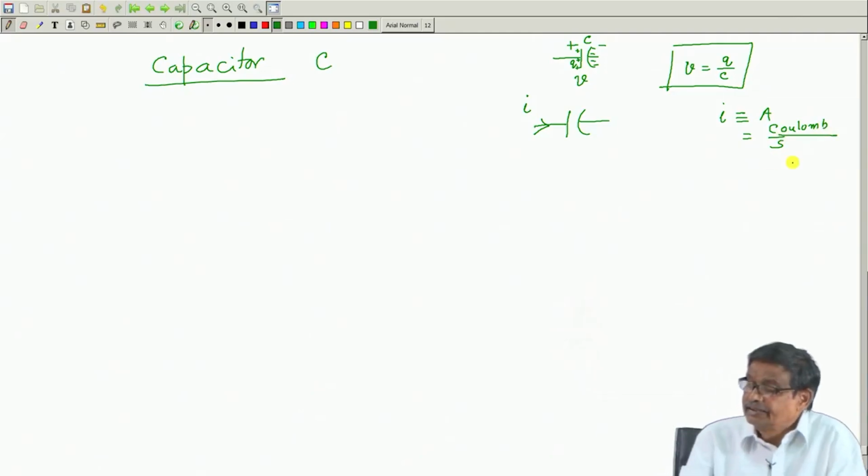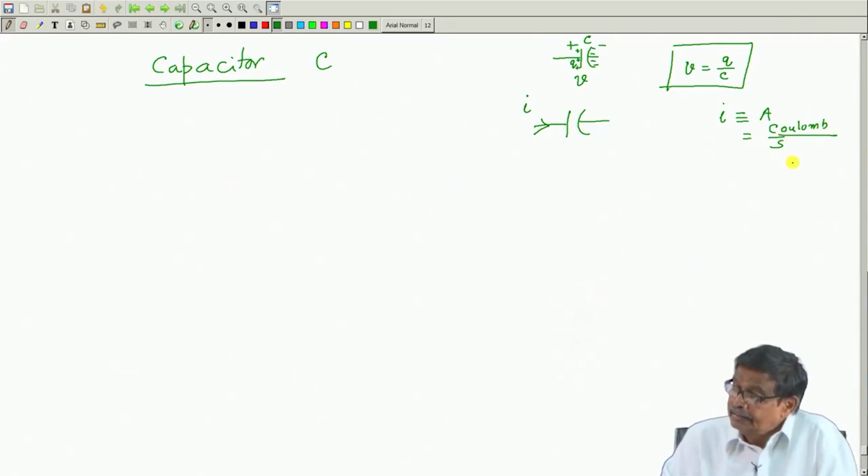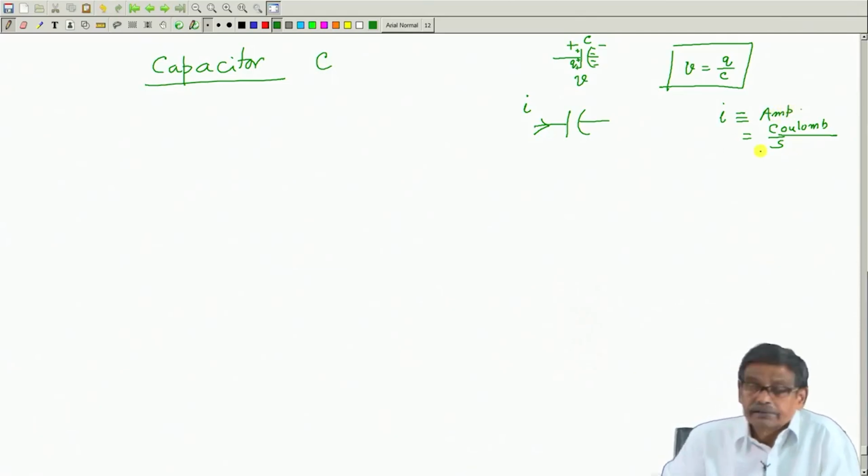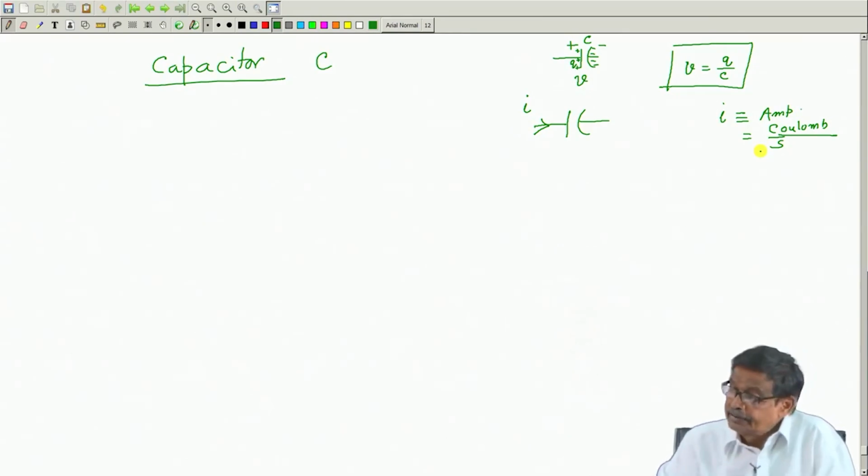Coulomb per second is the current. Therefore, this is ampere, which we know. Therefore, to establish some coulomb on the plates, I must pass some current over some time, I t.